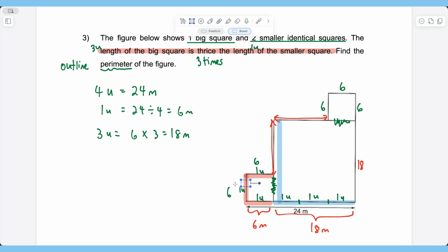And this part is 6. So how do we find here? This will just be 18 minus 6. What's 18 minus 6? 18 minus 6 is 12. That means this line with the red arrows is 12.